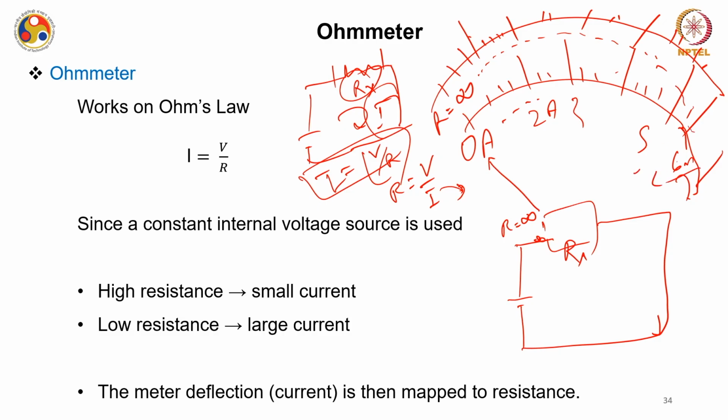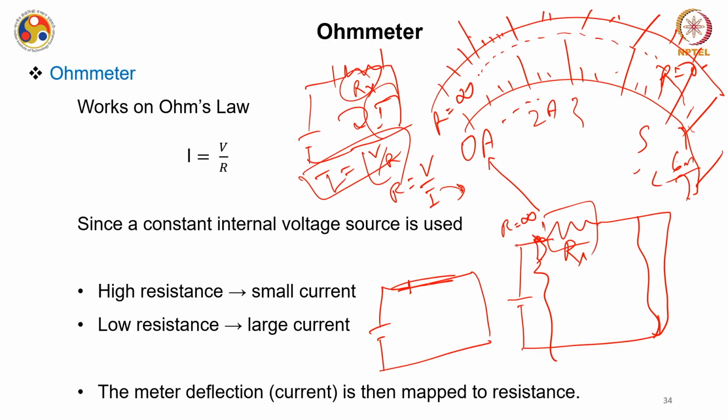It means that in this circuit all the current is flowing through this, it is a short circuit, meaning this resistance is 0. So now in the second case, there is no resistance, for example.